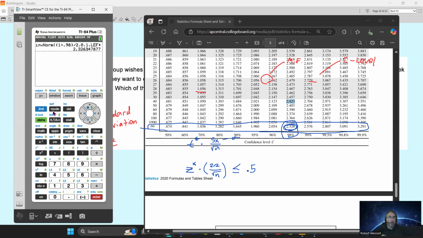Or you can do the center option since we have that and just leave that at 0.98 and click on center. Older calculators don't have this option, so use the first way if you don't have that. And you have this 2.326, negative 2.326. Obviously, use the positive value when you're calculating this.